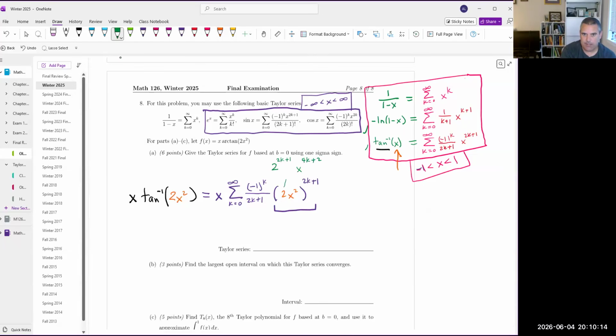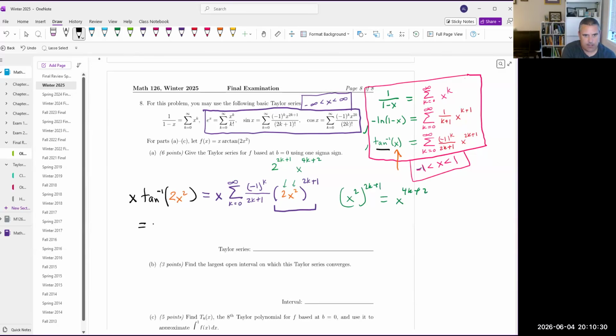So what I'm doing is I'm raising this to that power, I'm raising this to that power, but x squared to the 2k plus 1 is the same as x to the 4k plus 2. And normally I would have just written that at the beginning.